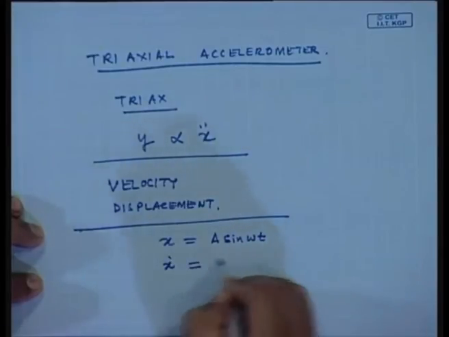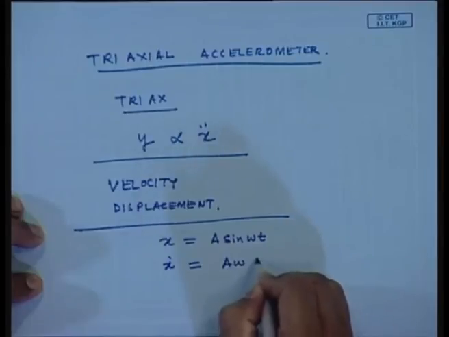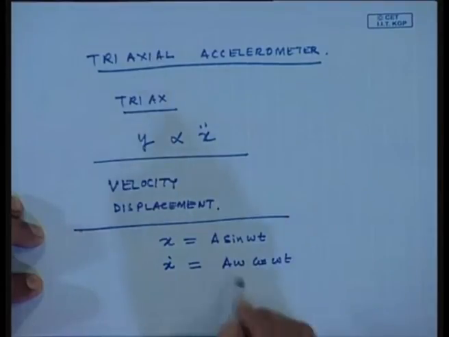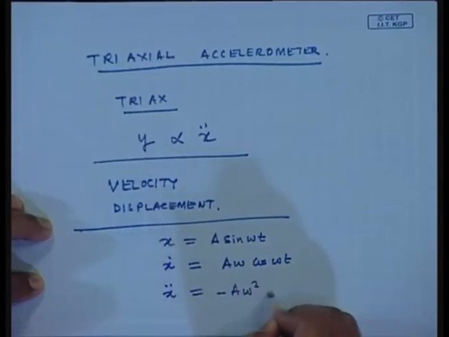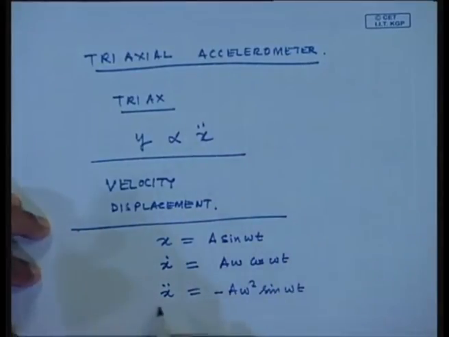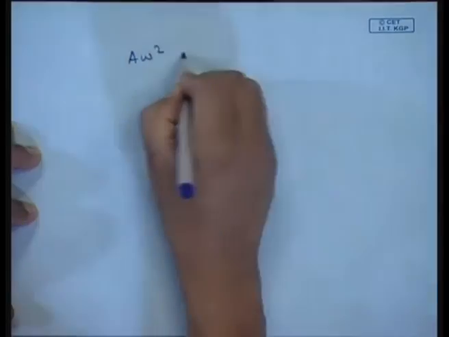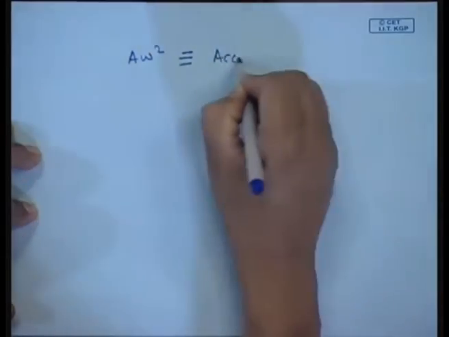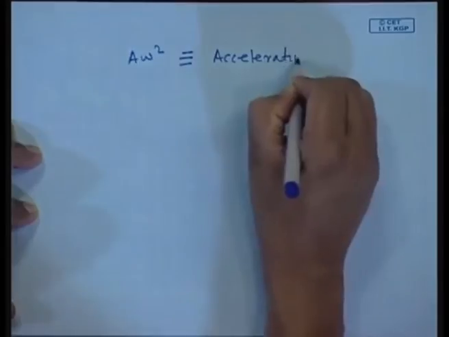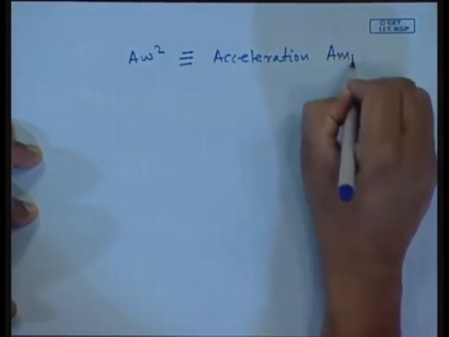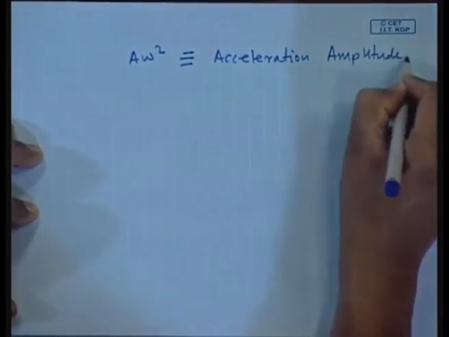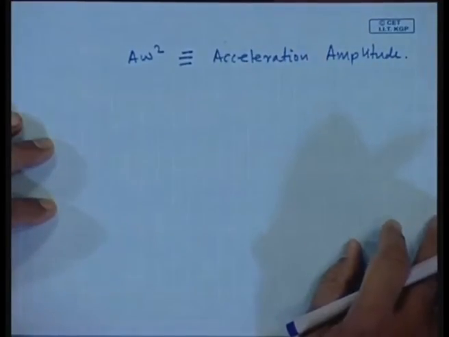So, x dot is the velocity, which is nothing but a omega cosine omega t, and x double dot, the acceleration, will be minus a omega square sin omega t. So, if I am measuring the acceleration amplitude, I know my a omega square is nothing but the acceleration amplitude, which has been measured by an accelerometer.